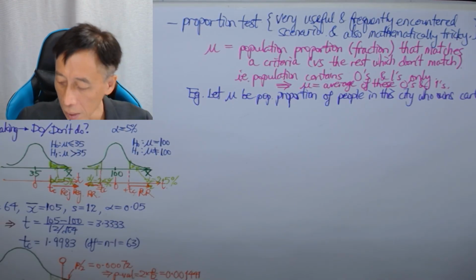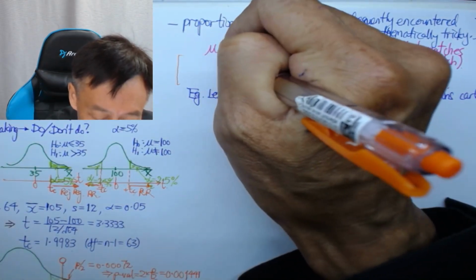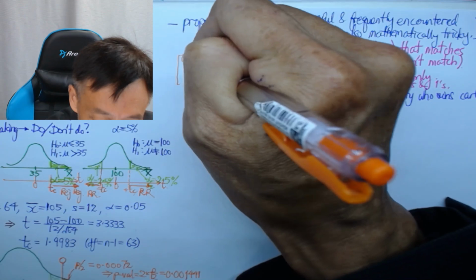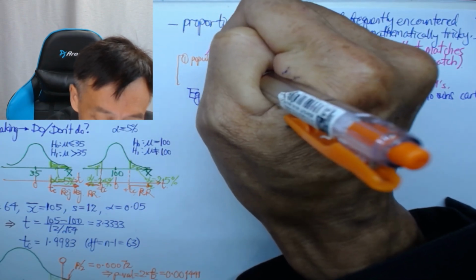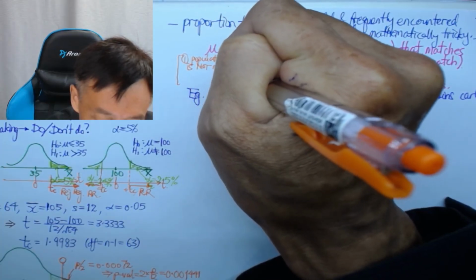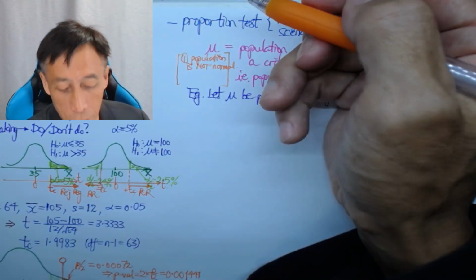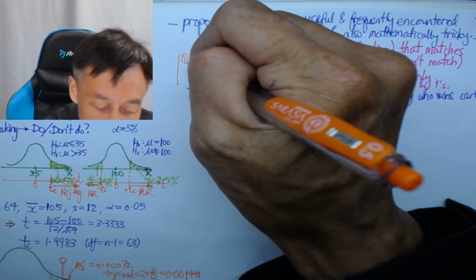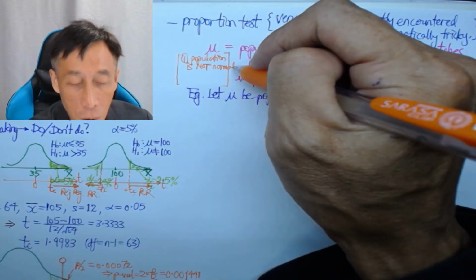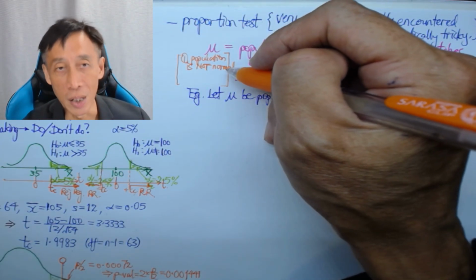Typically, number 1, the population is not normal. It's called Bernoulli distribution. It's either 0 or 1. We know that it is not normal. Now remember, if it is not normal, then our sampling distribution of sample mean cannot be a t distribution.